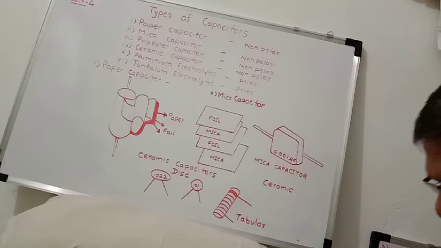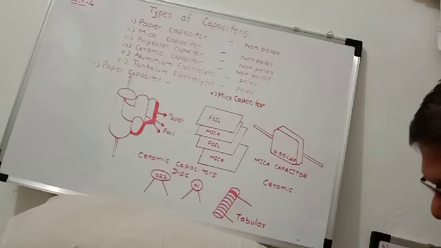So this paper capacitor is manufactured by rolling two thin metal foils separated by a paper roll. So paper is used for this purpose. It is a kraft paper and it is impregnated. Impregnated म्हणजे भिजवणे.